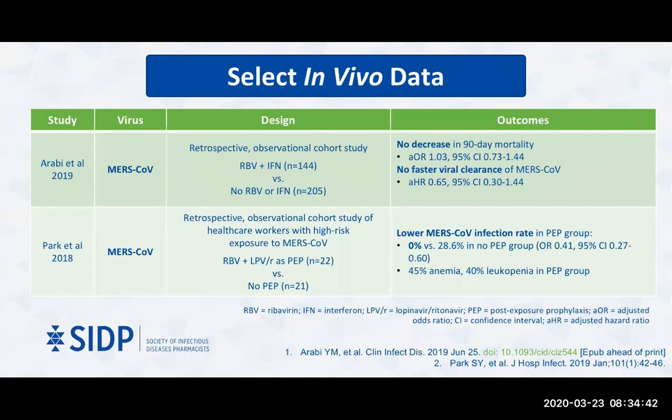So that combined made the post-exposure prophylaxis regimen, and that was compared to an arm of patients that did not have post-exposure prophylaxis. This study was actually somewhat promising insofar as the patients with PEP had a lower MERS coronavirus infection rate compared to those that did not have post-exposure prophylaxis. So 0% versus 28.6%, and that was significant.